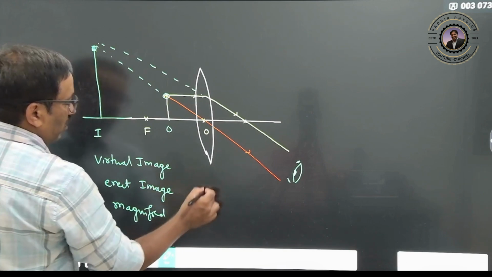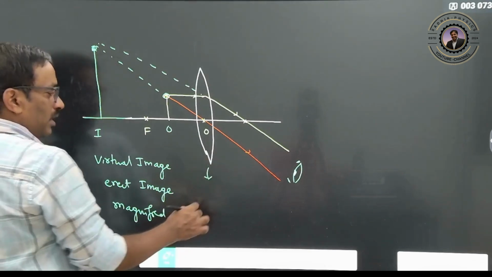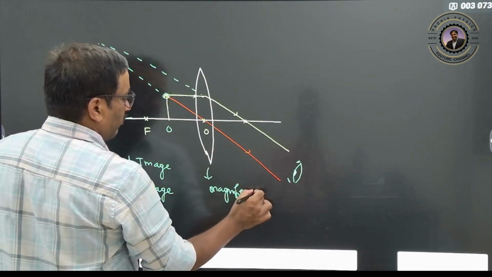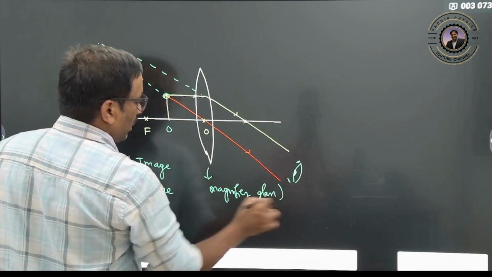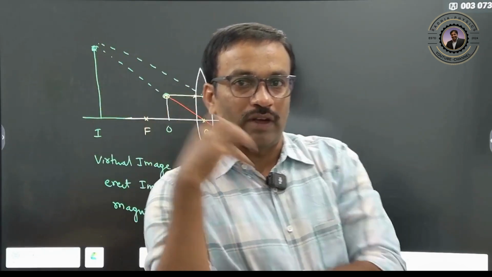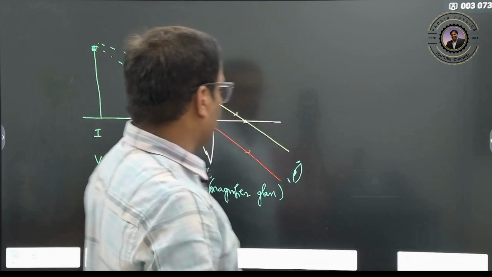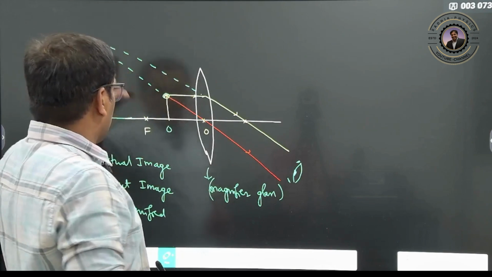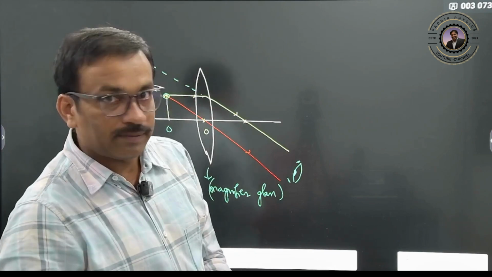This is the situation where the convex lens acts like a magnifying glass, or a reading glass. Mostly if you go to a watch mechanic, they use this type of lens to see the magnified view. Clear?